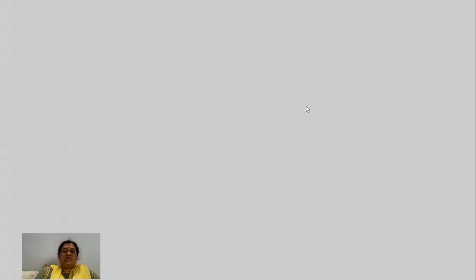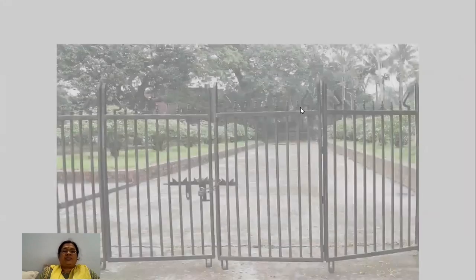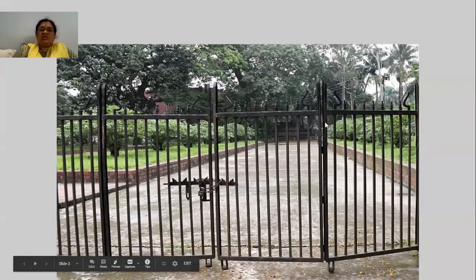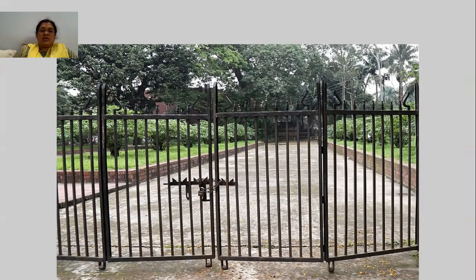Let us move on. Look at this figure. What is this? This is a gate, I think. The quantity of paint required to paint this gate. Look at the gate, how it is built up. These all are cylindrical rods. The gate is made with cylindrical rods, like here.